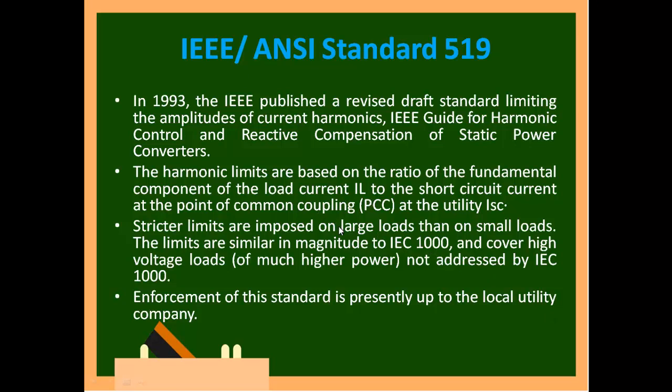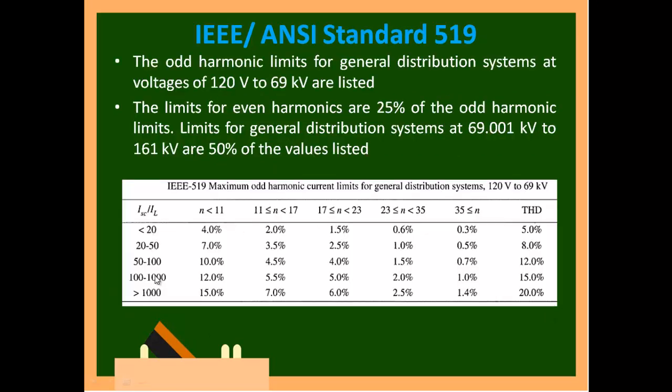This is not with respect to the utility, only with respect to the current level. The levels go up to 69 kV, so from 120 volts to 69 kV, whereas the IEC standard is only for 415 volts. This is for kV. So there are various levels of THD.